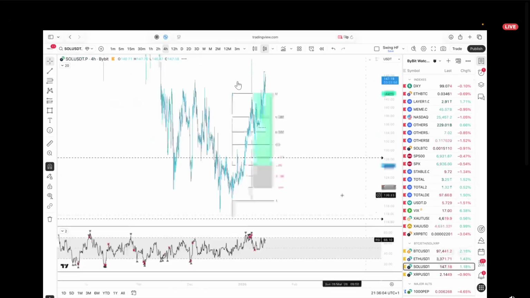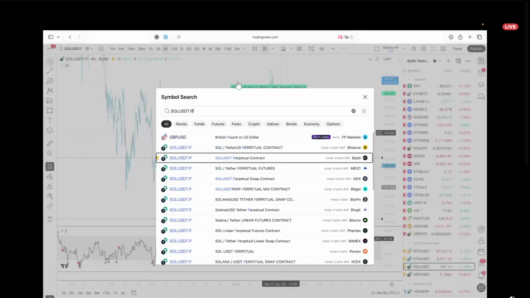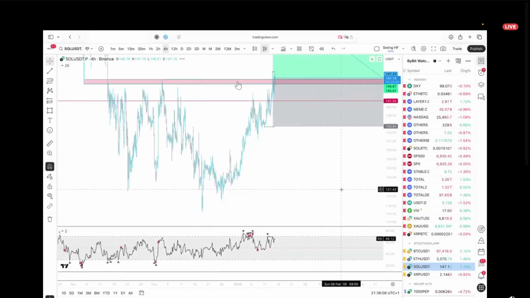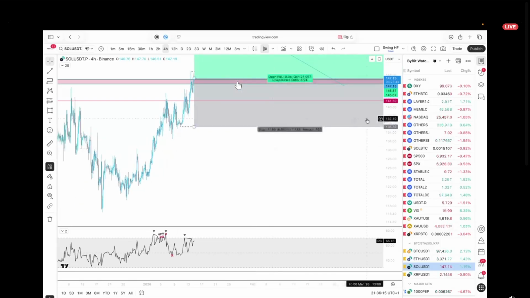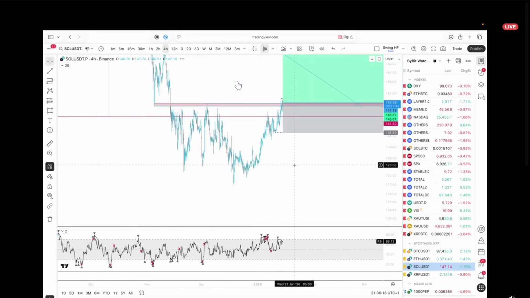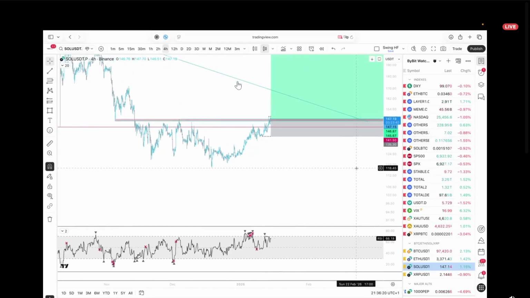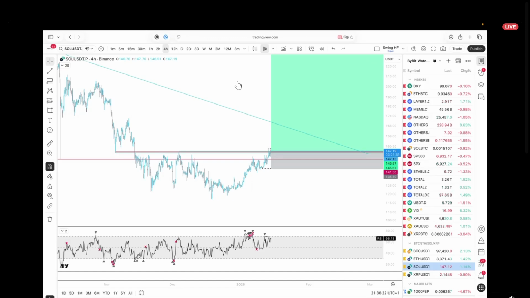Okay, so I'm going to enter with a 50% position here, if you want to trade scalp live. 50%, guys, because we can head down now.